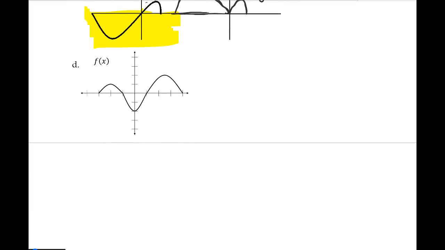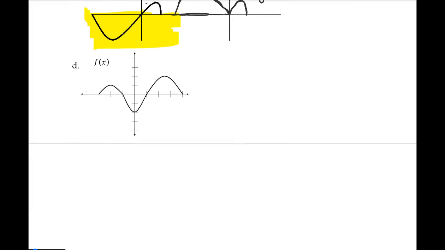Okay, and finally, this last one, again, absolute values in and of themselves only affect what's below the x-axis. Anything negative becomes positive, anything positive stays positive. And so I'm just going to reflect this part up.